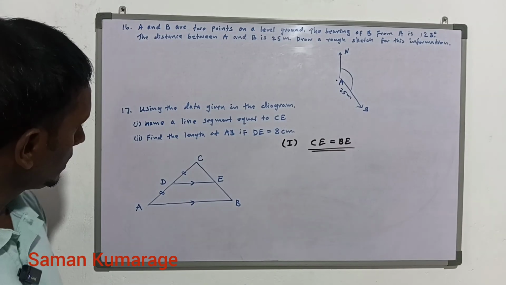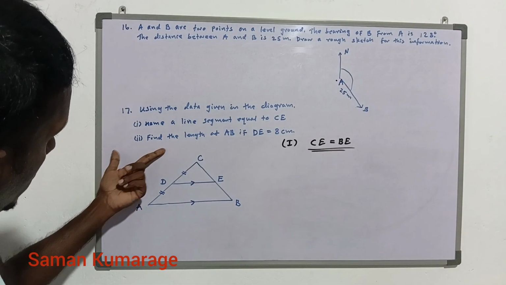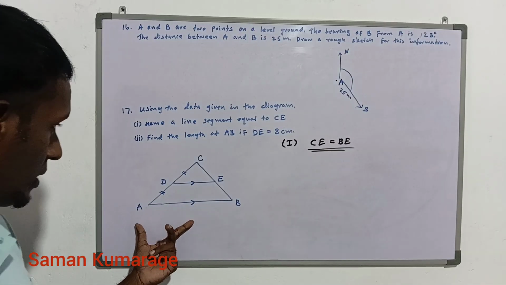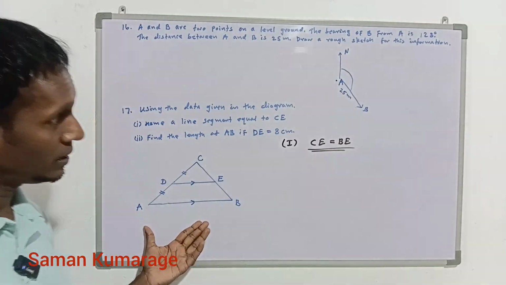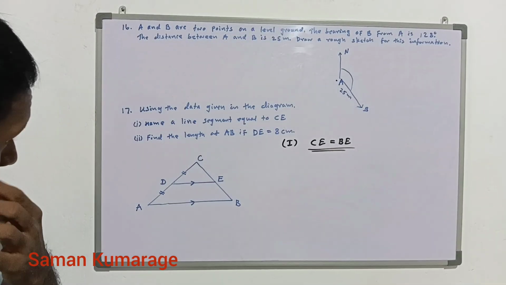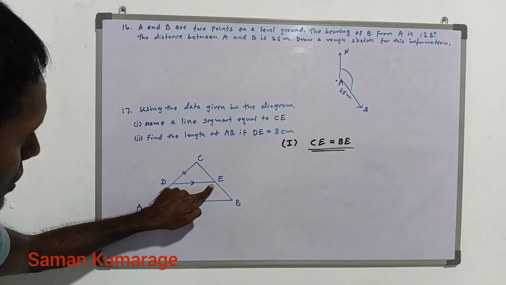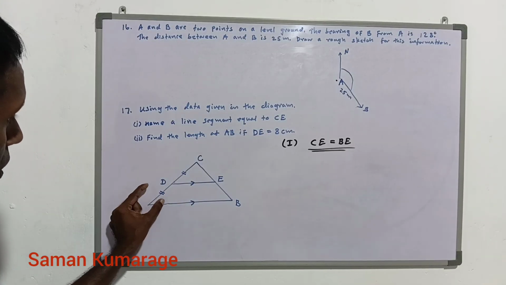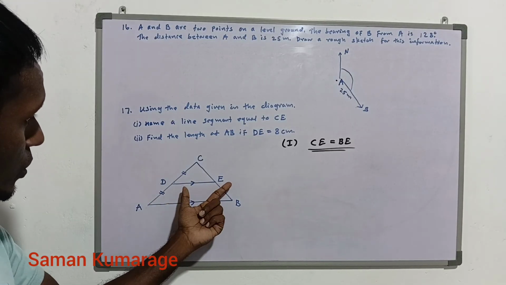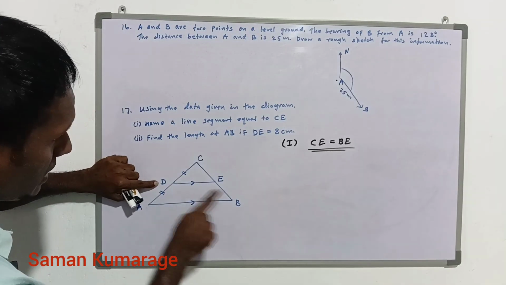Now look at question number 2. For question number 2, we have to use the midpoint theorem. That is the 20th theorem we studied. According to the midpoint theorem, a line drawn joining the midpoints of two sides of a triangle. Look at this. Which line?